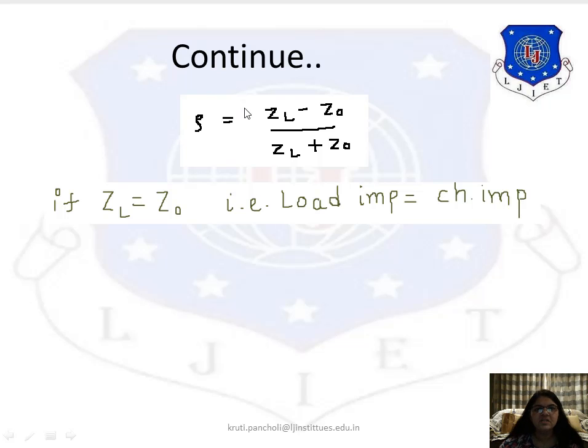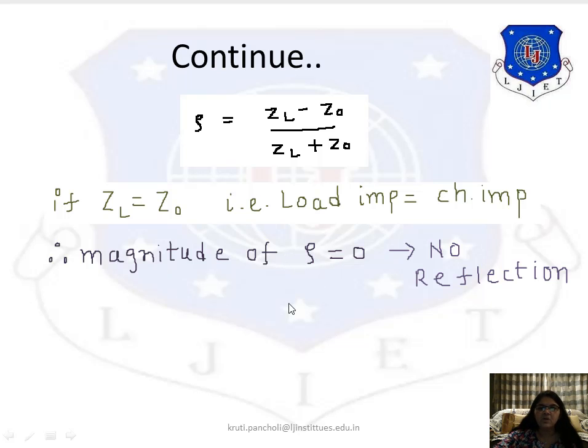So this is the reflection coefficient. At the start of the lecture I said that when the source impedance and the load impedance are matched, reflection does not occur. So if ZL is equal to Z0, meaning the load impedance is equal to the characteristic impedance, the magnitude of rho will be 0 and there is no reflection.